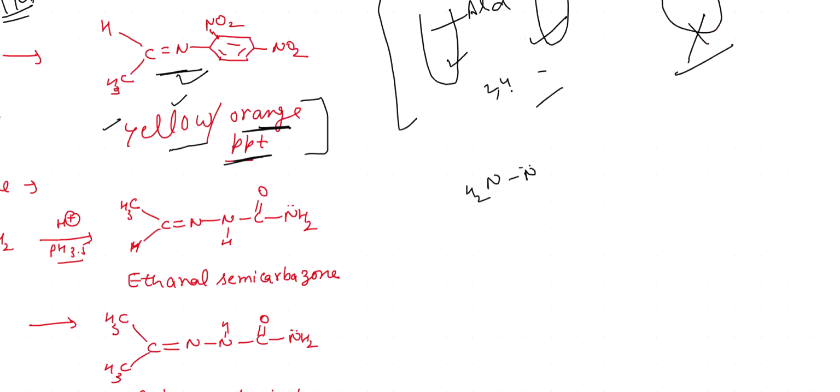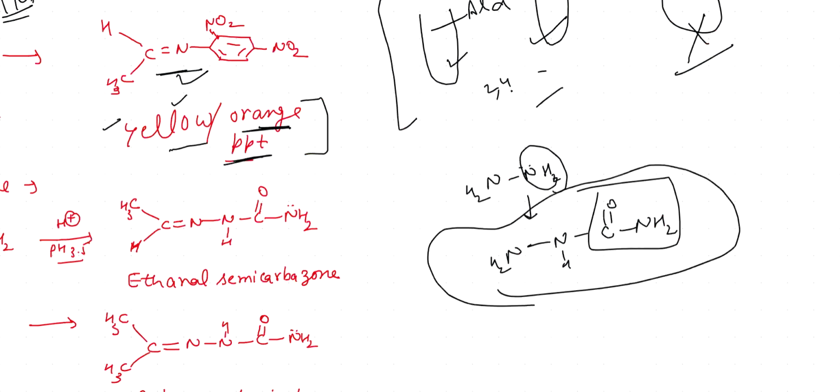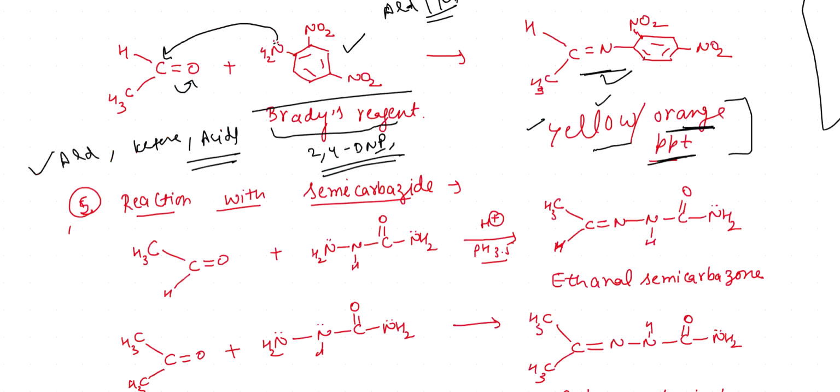Now, in this case, one hydrogen of this nitrogen is replaced with a CO NH2 group. Clear? So the product formed is semi-carbazide. So this is your reagent used in this reaction, and this one is the reactant, that is methanol.